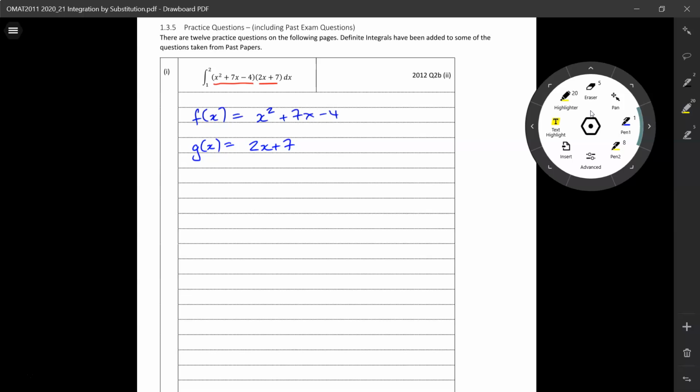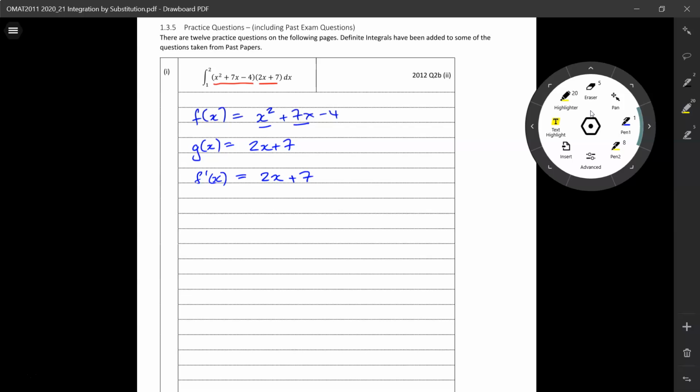The next step is to evaluate the first derivative of the larger function f of x. So f prime x is equal to the derivative of x squared, which is 2x, and the derivative of plus 7x is plus 7.